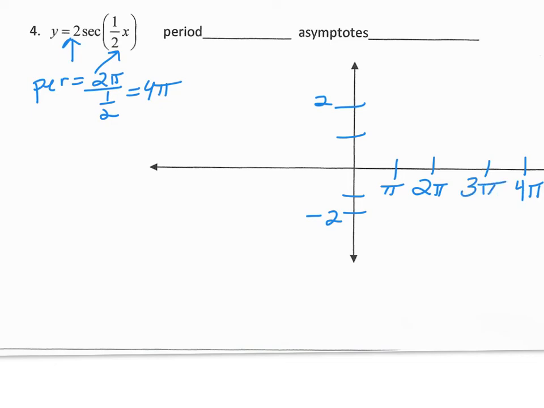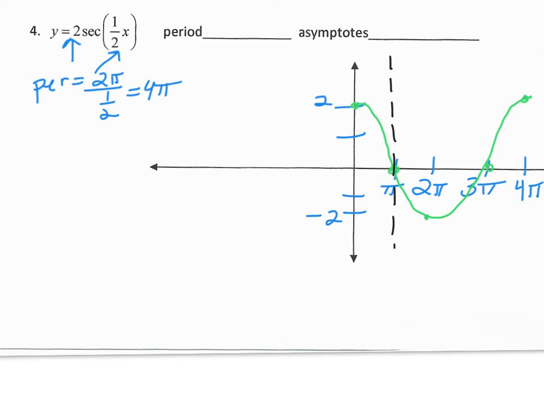Okay, now remember, secant is the reciprocal of cosine. So you don't have to necessarily draw this in, but I will. Here's what cosine would look like. Right? Cosine would look like this. So again, this green, you don't need the green, but I just want to show you where it comes from. Okay, so if I take that green, every time there's a 0 on cosine, we're going to get a vertical asymptote on secant.